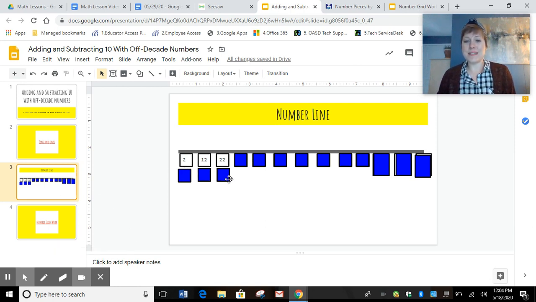I hope you are noticing some familiar numbers. 2, 12, 22. What is something that all those numbers have in common, first graders? They all have a 2 in the ones place. You're right. They all end in that 2.